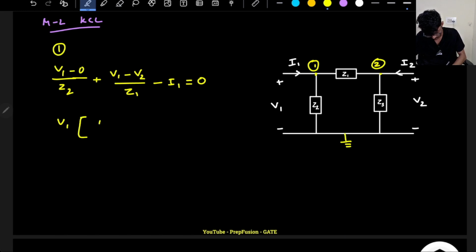I can take V1 common, but let's not do this, let's keep it as it is.